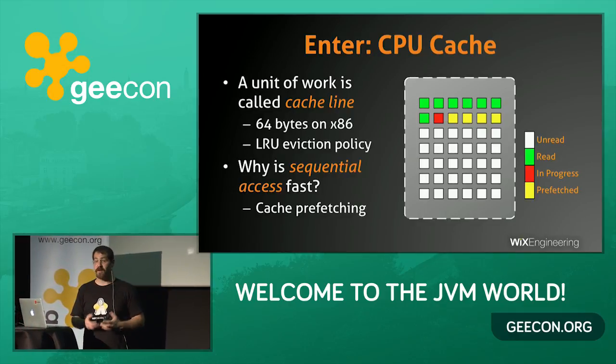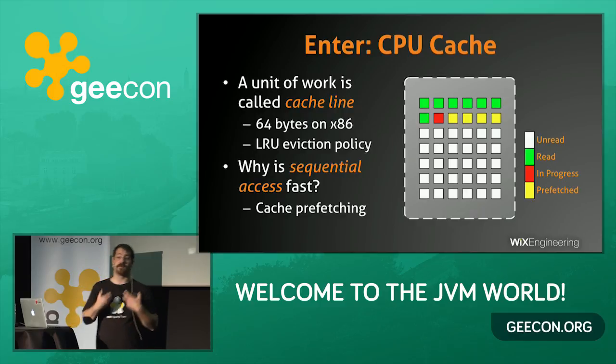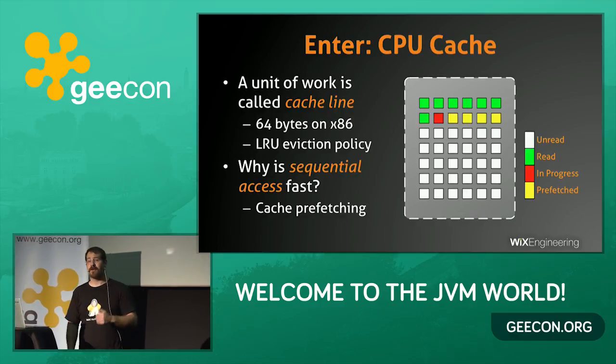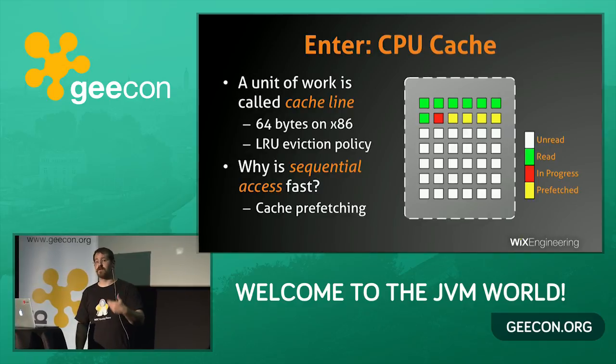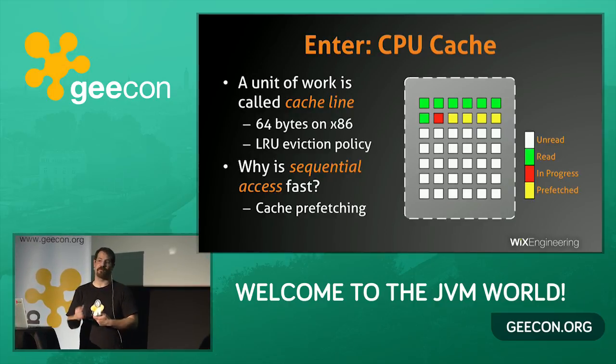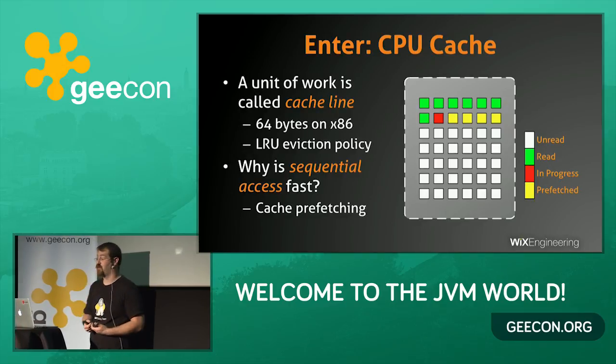Well, if I, the CPU, can determine that my user is doing sequential access to memory, I don't have to wait for stuff to come back from memory. As soon as I determine that the access is sequential, I can start reading stuff ahead of time from main memory and populate my local cache. This is called cache prefetching.